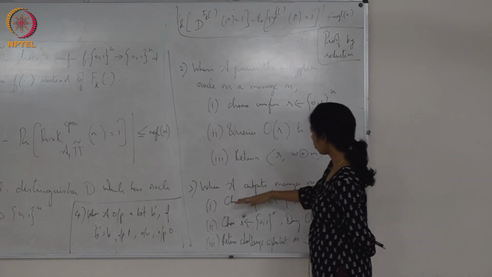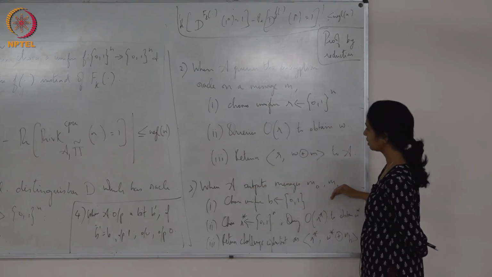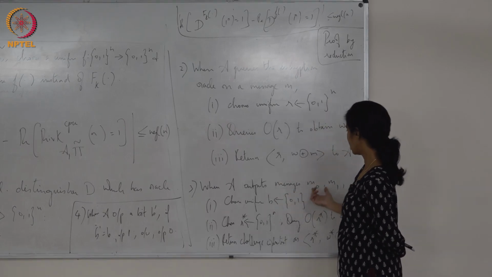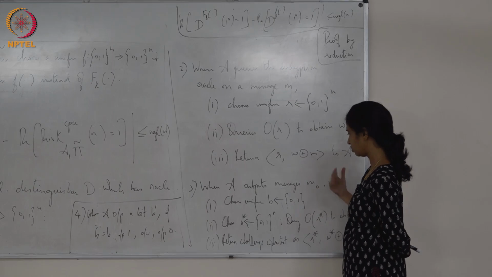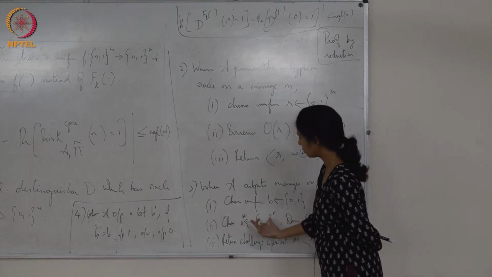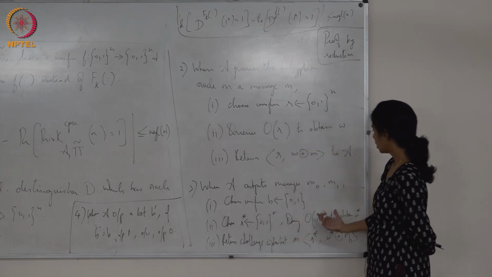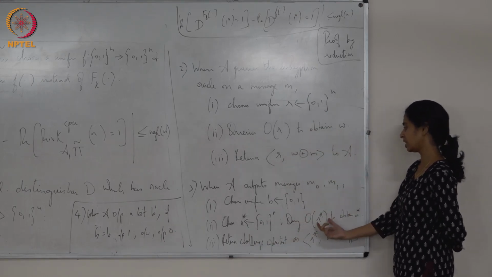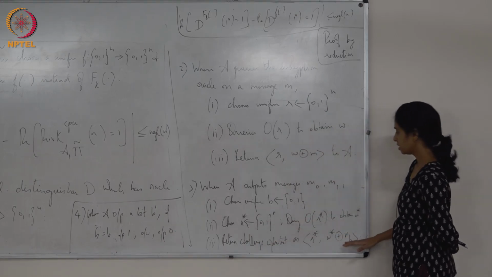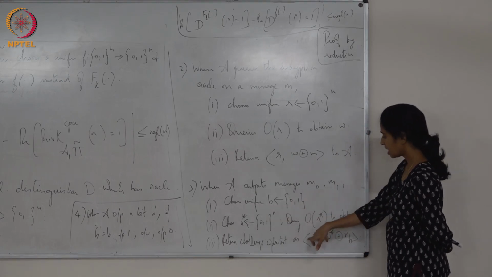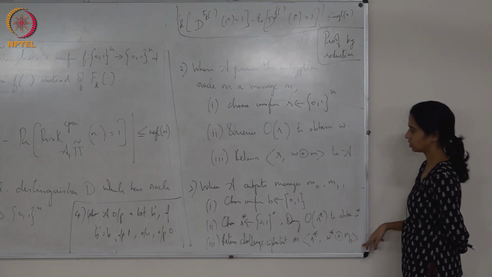When A outputs messages M0 and M1, D chooses a uniform bit B to figure out which of these two messages it will choose, and then for that message chooses an R star, a uniform n-bit string, queries O on R star, and returns the challenge ciphertext as R star comma W star XOR MB.